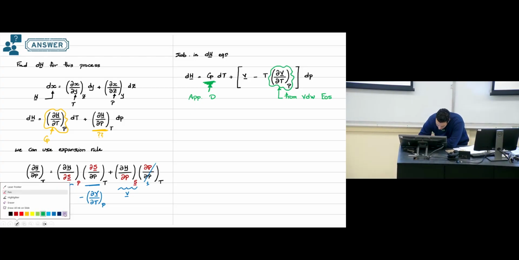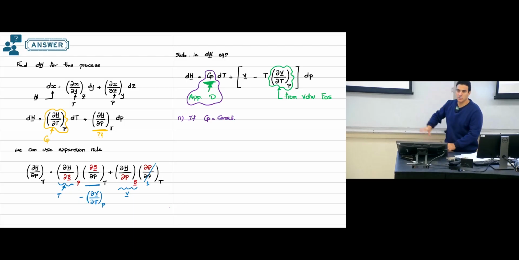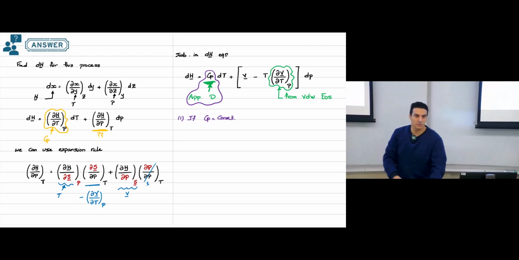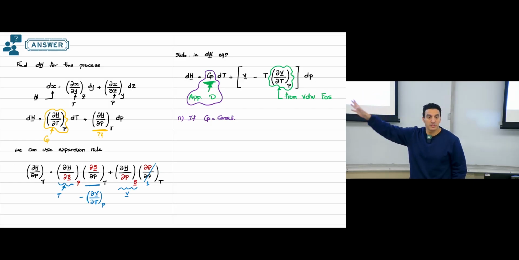If we need to comment on this, in case number 1, if Cp is constant, similar to the first example we solved in the previous lecture, then we can substitute the Cp value, make the integration, solve the problem, and we are done.